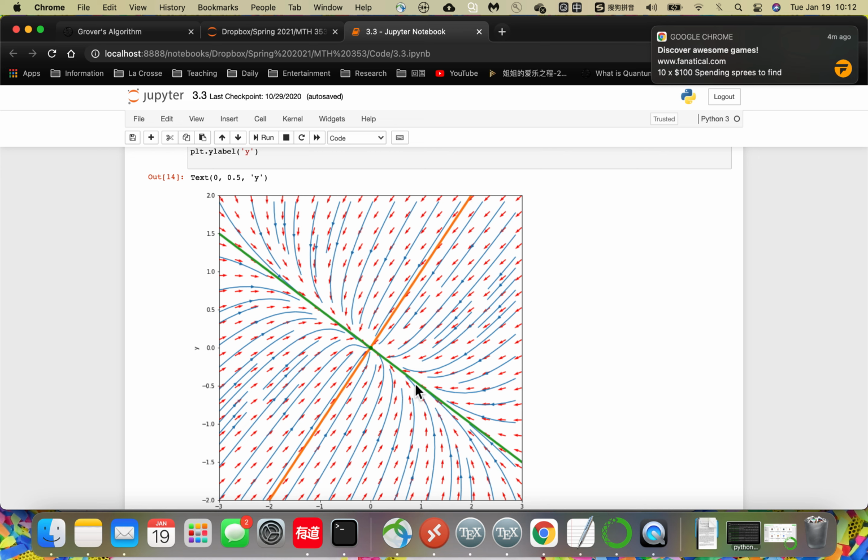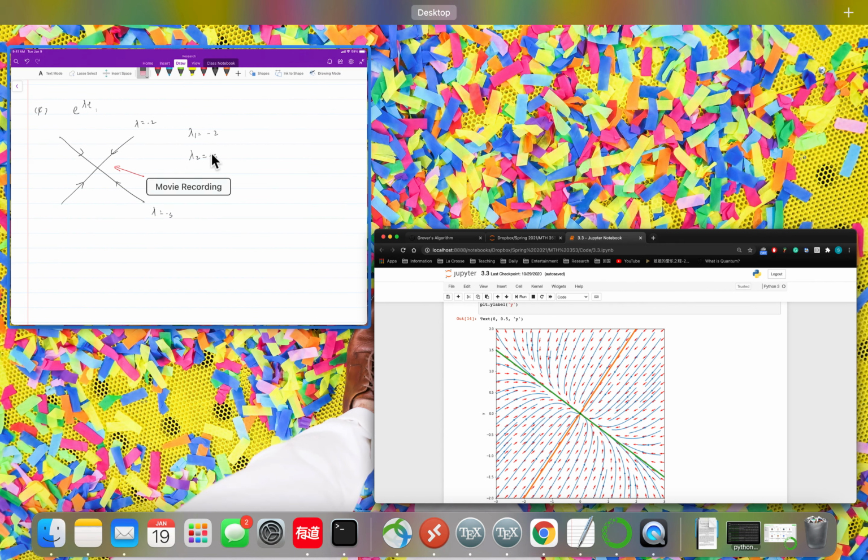Therefore, all the straight lines you draw will be more parallel to the orange line because you're faster in that direction and slower in the green direction. That's why you see all the lines looking like this. You can only be super fast in the green direction when you are very close to that direction. All right, that's all for today.